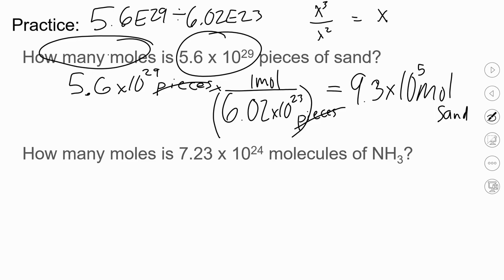MOL does not stand for multiples. Okay. So it is. Yeah, it is. Yes. That's right.